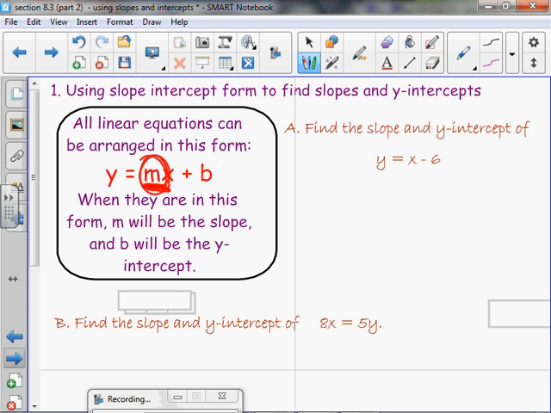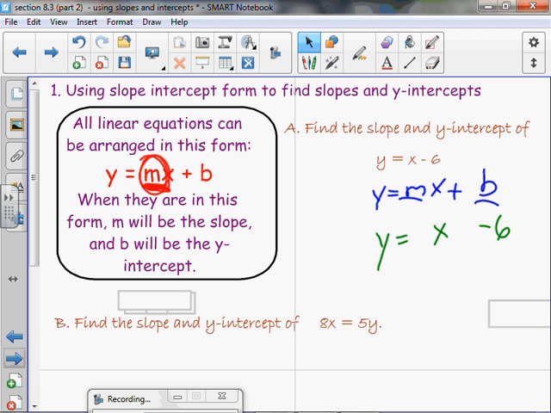We want this to look like y equals mx plus b, where m and b are numbers. Well, let's look at our equation. We have the y, we have equals x, and we have a negative 6. But to put this in true slope-intercept form, we put in our m.